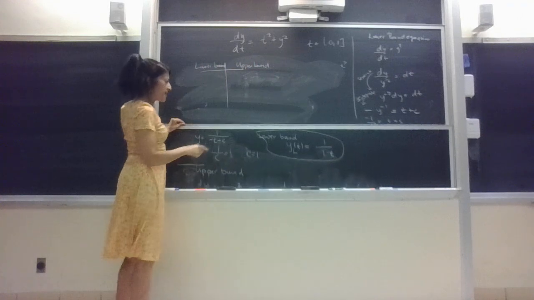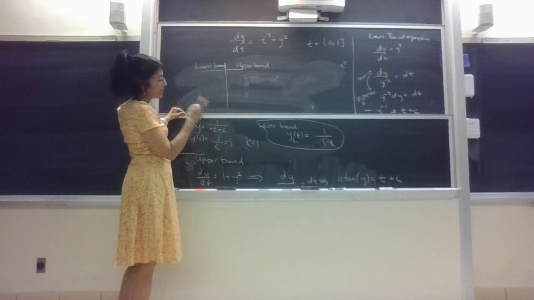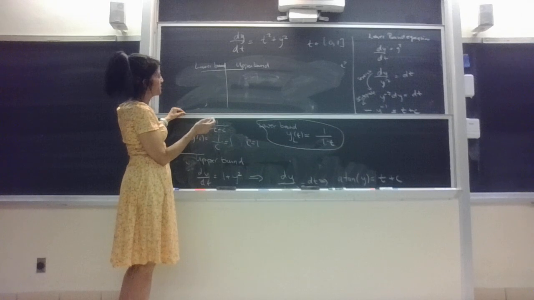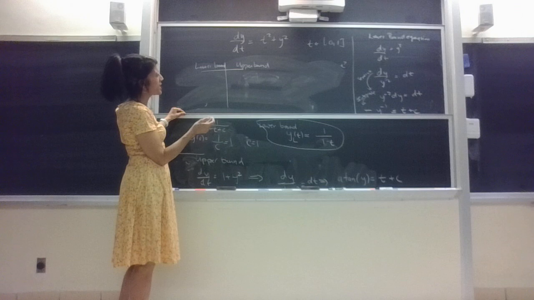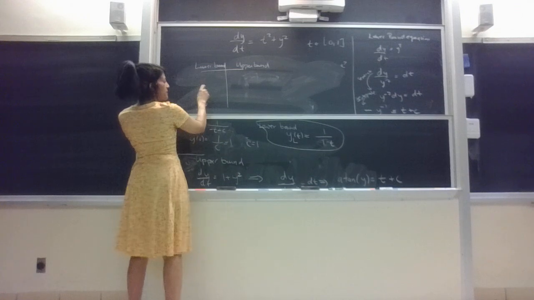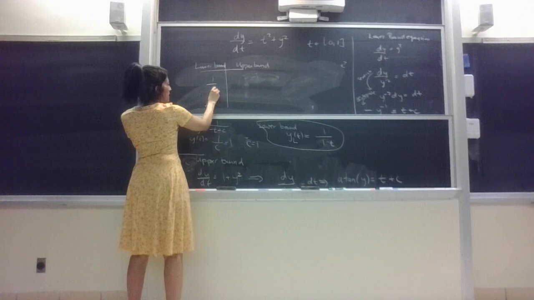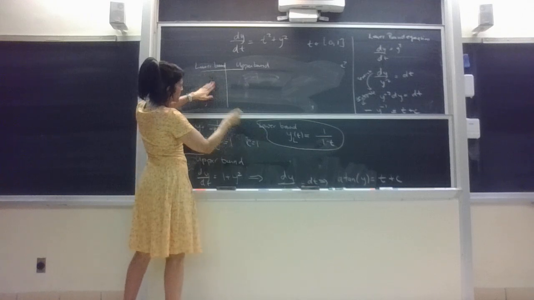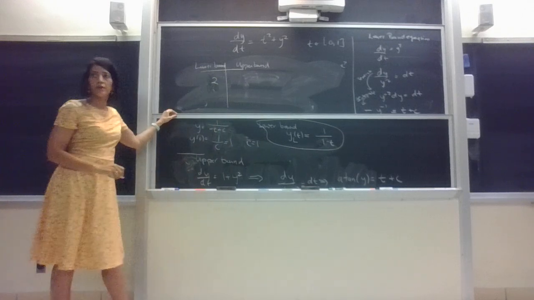So the lower bound, if I plug in, well, was it 1 I gave it to you at? I don't remember now. 0.5. Okay, that makes more sense. So if I put 0.5 in here, I get 1/2 on the bottom says 2. That's the lower bound.